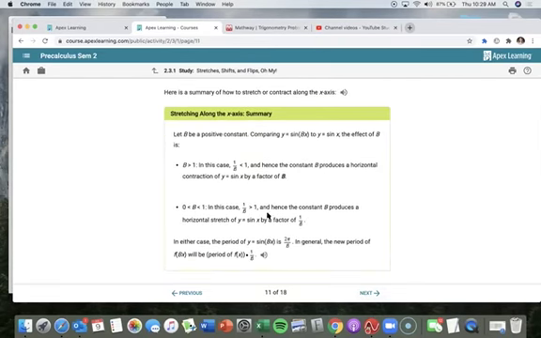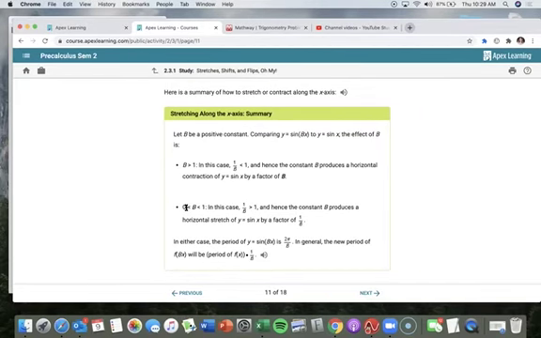Okay? So again, in the case of having constant b, where it's actually directly impacting our x value, if b is greater than 1, it causes a contraction or shrinking in our x direction.